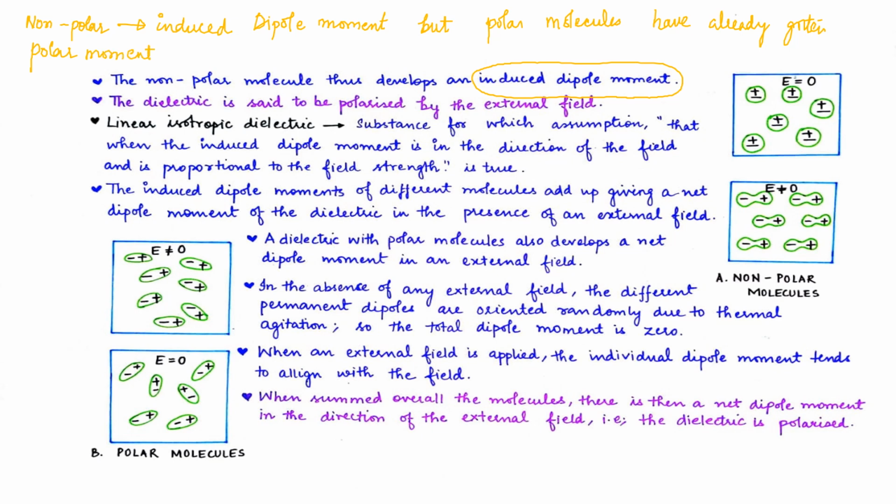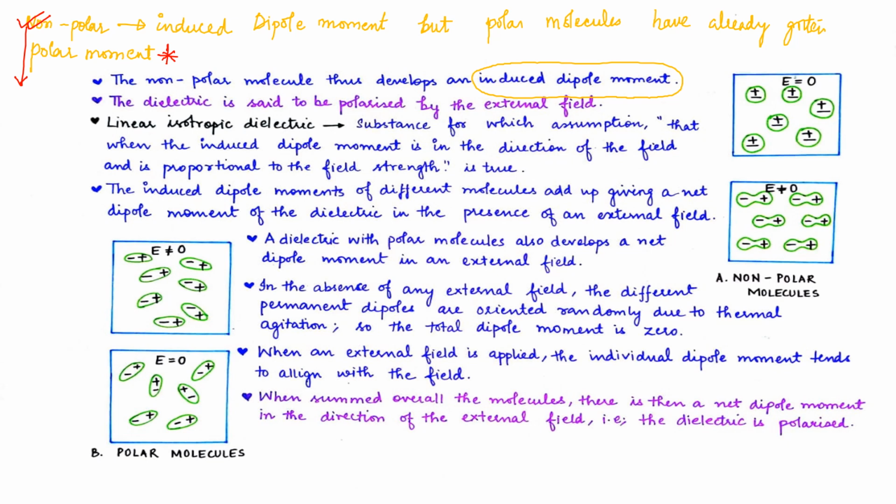This is a very important statement, and should be noted by every one of you. Why is it important? Because this is a characteristic which defines a non-polar and a polar molecule, and this is a defining as well as differentiating property.